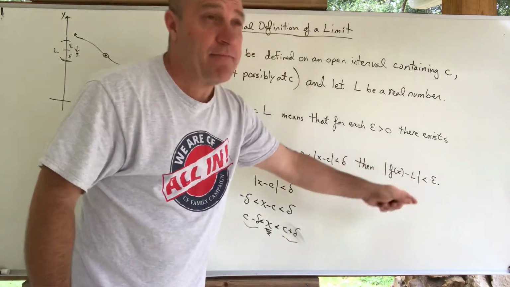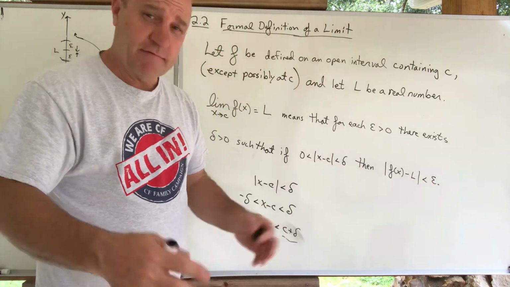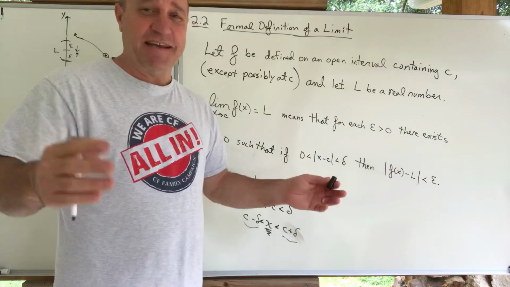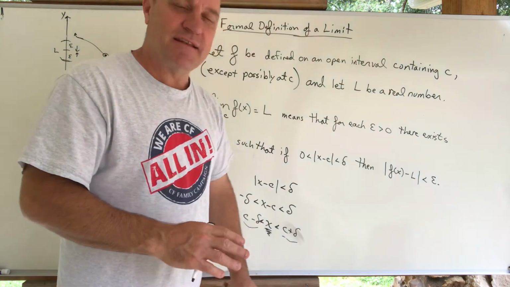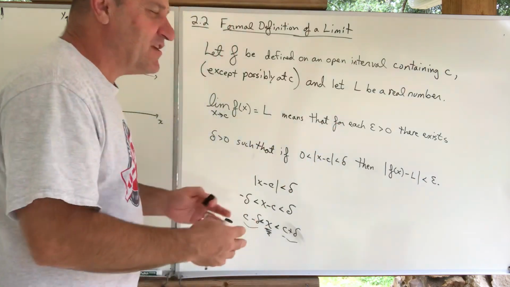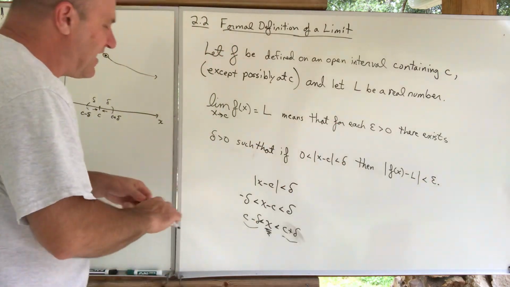Less than epsilon. And what's epsilon? Some teeny little number. How teeny? As teeny as you want to make it. If it's not teeny enough, make it teenier.